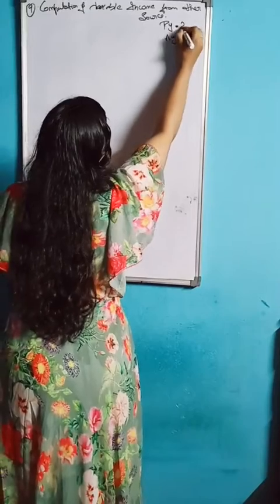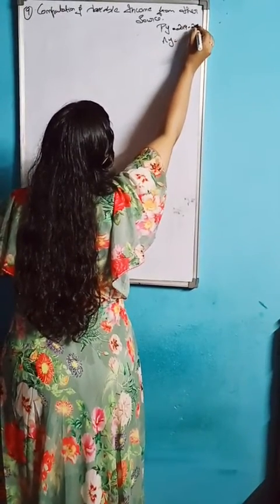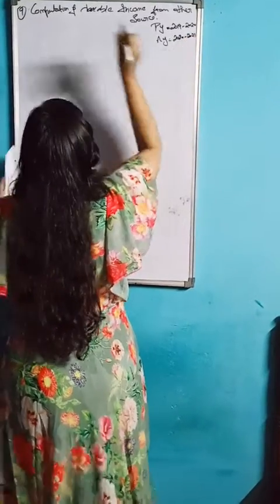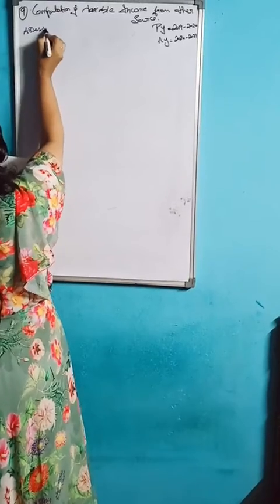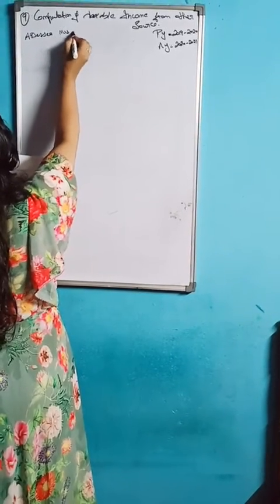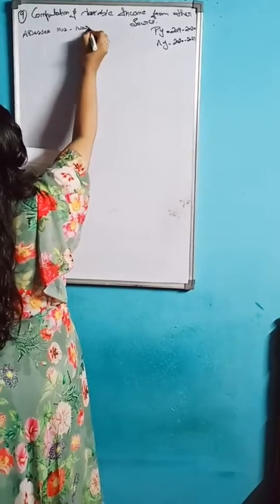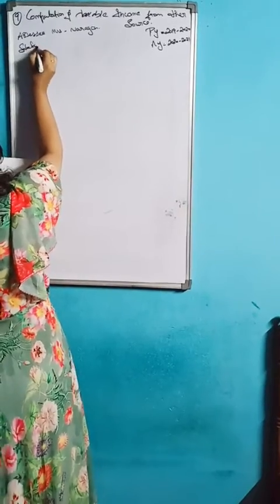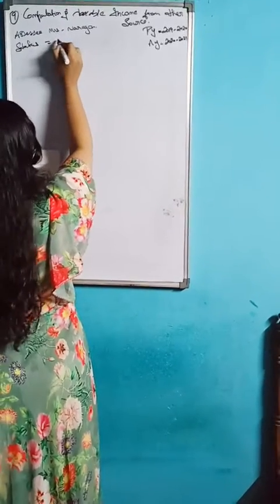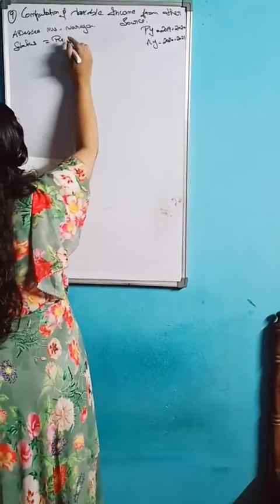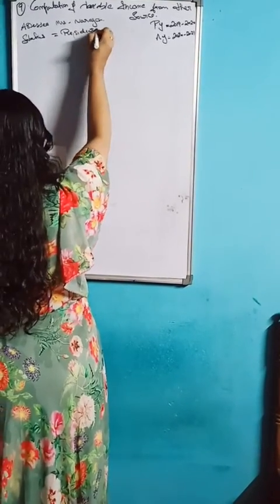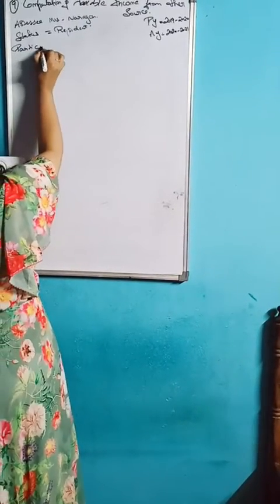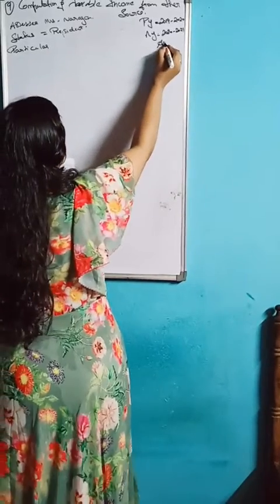So previous year is 2019-2020, assessment year 2020-2021, and the assessee is Mr. Narayana. And status is resident. Okay. Particulars, amount.